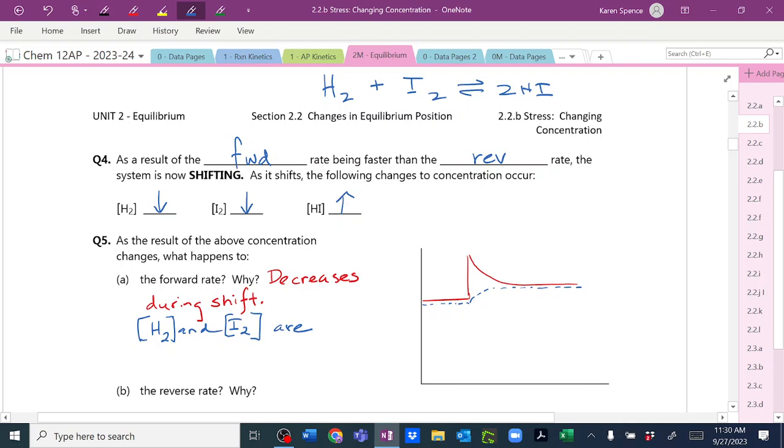Concentrations are decreasing. Therefore, you should always bring it back to what? Collisions. What can you say? If we have less H2 and I2, there's fewer collisions in the forward reaction.